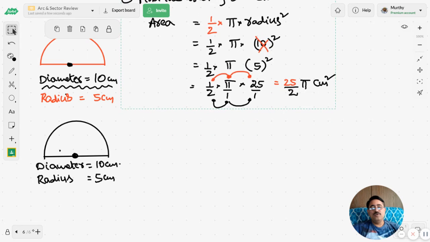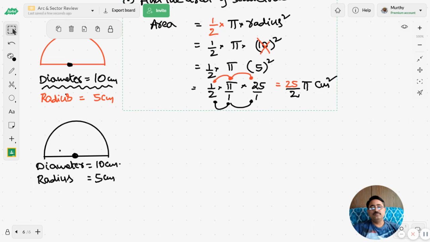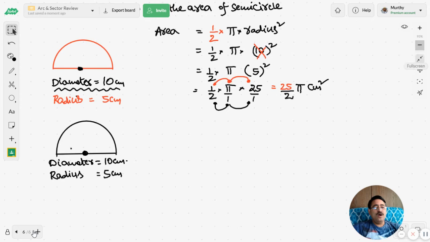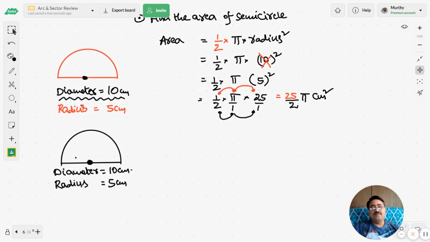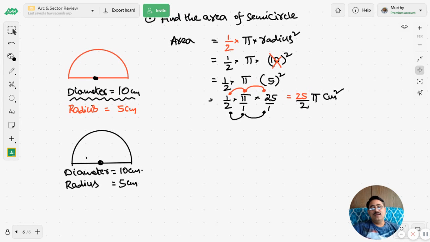Okay, I moved this one a little up. Now, how to find the circumference of the semicircle? You may laugh and say, come on, it's easy, because the area of a semicircle is half the area of a circle, right?